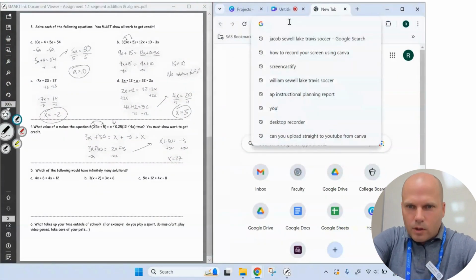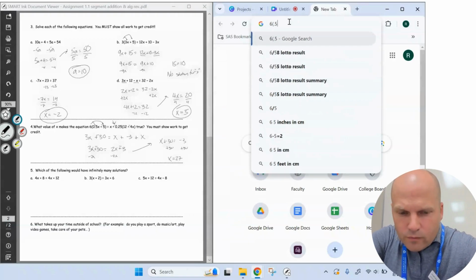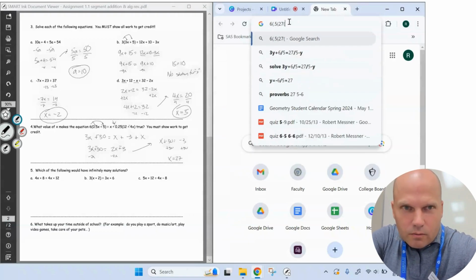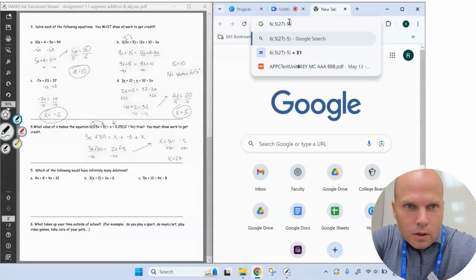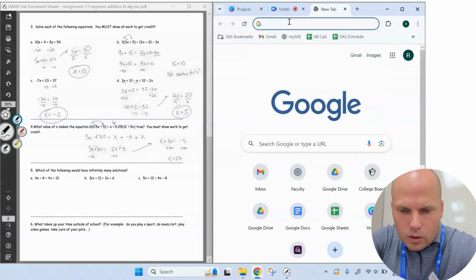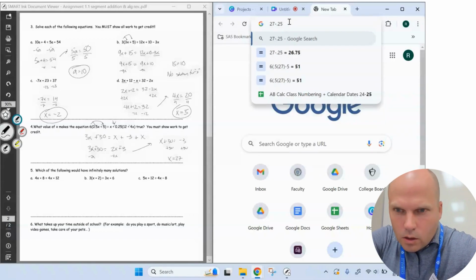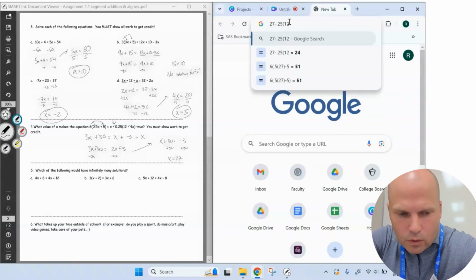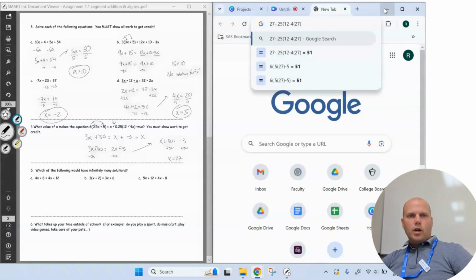Let's try that. Ready? Let's do 6 times 0.5 times 27. I'm going to substitute it in with parentheses, minus 5. That equals 51. Okay, cool. And let's do 27 minus a quarter of 12 minus 4 times 27, and that's equal to 51. Okay, both sides are balanced. We are good.